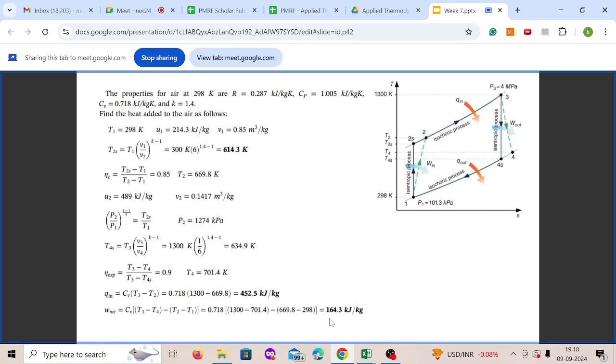Substituting all temperatures we get 164.3 kilojoule per kg. So we can use constant CV values, or else we can find each individual internal energy value, and take the difference to find the Q in value and Q out value.